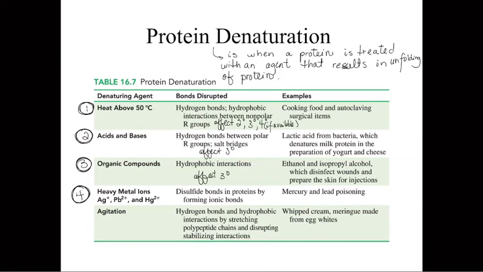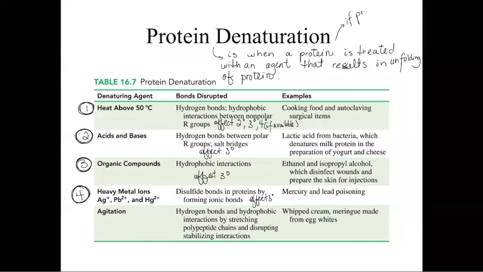And then there's some that, again, you cannot eat in high amounts, because heavy metal ions are going to disrupt disulfide bonds. So they affect the tertiary structure. And remember, this leads to unfolding. If your protein is unfolded, it's not going to be functional. Okay. Let me just put that there.